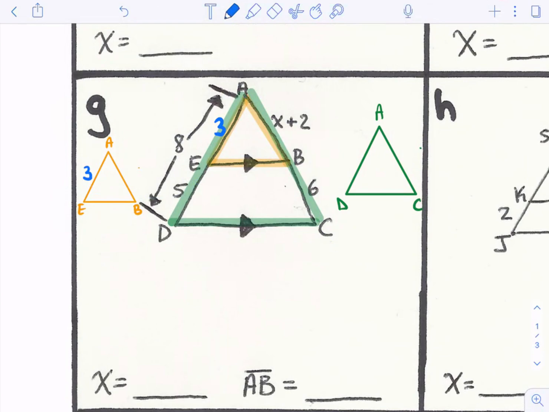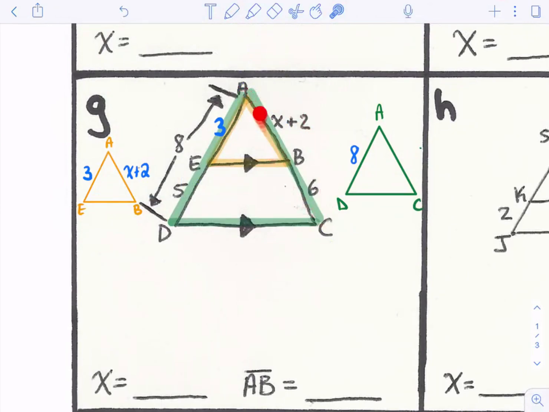So I can come over here and say, hey, this is 3. Then I know the right-hand side from this picture, from A to B, is x plus 2. Then I know from A to D, the whole thing is 8. But now here's something interesting. I need to know the whole thing here.